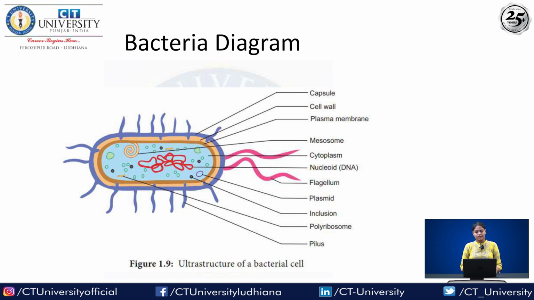The cell wall is there, below the cell wall the plasma membrane is there, which contains the cytoplasm at the center of the body. The nucleoid is present there, which is made up of a red kind of structure. Flagella is helpful, as I have told you, for the movement of the bacterial body. So all are the organelles or parts of the bacterial structure.